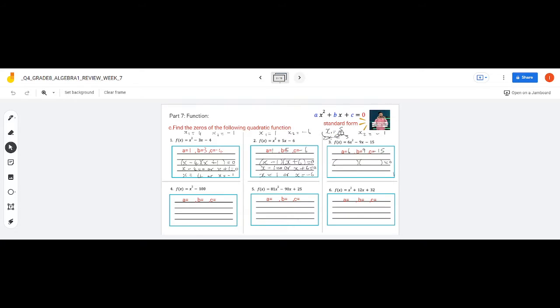So then it's going to be 2x minus 5, and then of course we have -1 there, and that's going to be x plus 1, and then 2x minus 5 equal to 0, or x plus 1 equal to 0. So 2x equals to 5, or x equals to -1. So then if we divide both sides by 2, cancel, x is equal to 5/2.